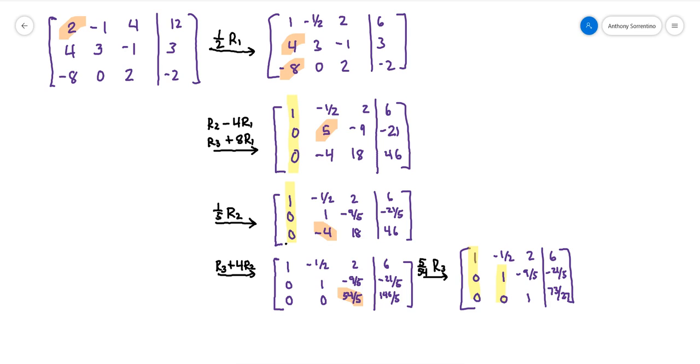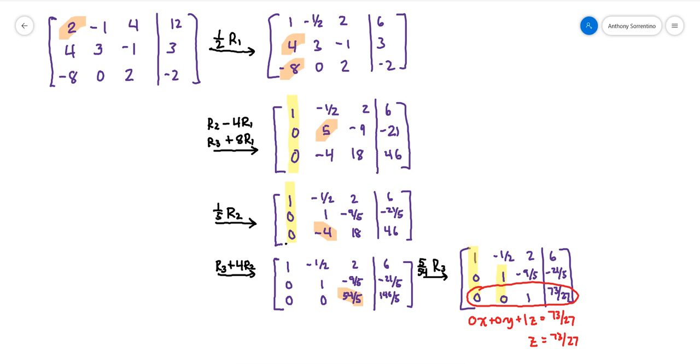So again, what this means is that this bottom equation means I have 0x plus 0y plus 1z equaling 73 over 27, which means z equals 73 over 27.